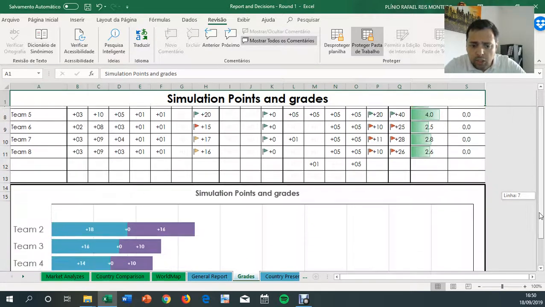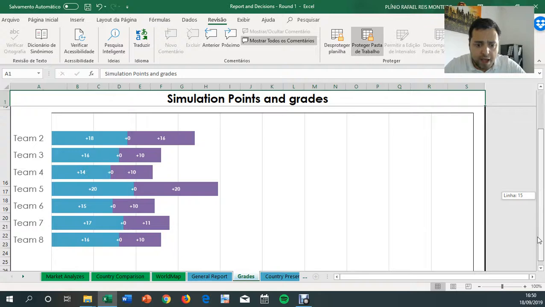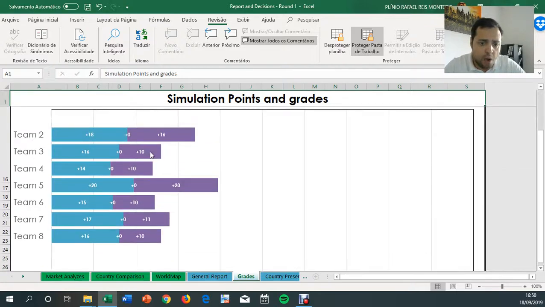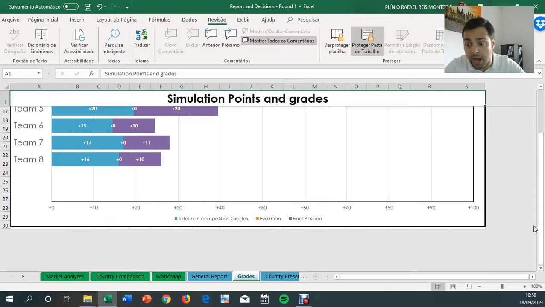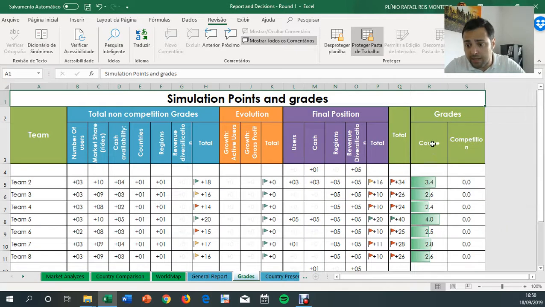Okay? So also you have the graph here showing how many grades do you receive taking into account 100. Remember that you have some grades that will be allocated as grades for the course, and if you achieve at least 50 points in this game, this means that you start winning points for the competition.